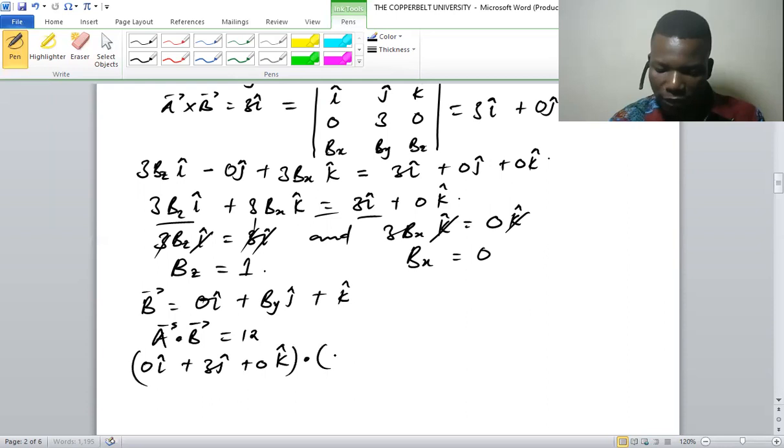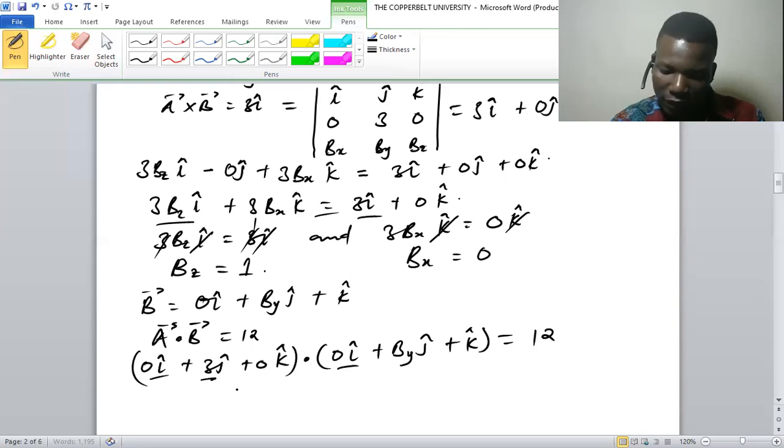Dotting vector b, which is 0i plus by j plus k, this should give us 12. So if we dot, we get 0, and here when we dot 3j with by j, we get 3by, and then when we dot the last terms, we get 0.